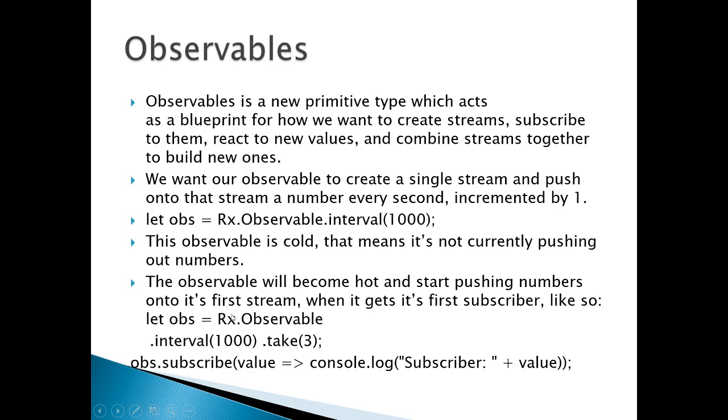In this case, we have defined the observable. When we subscribe to this observable, bs.subscribe, then this observable will start pushing the data, providing the data to the stream. So on that basis we can listen to that data. This is the concept of reactive programming: a stream of data which will be provided to the end user or our component whenever the component subscribes to that observable.